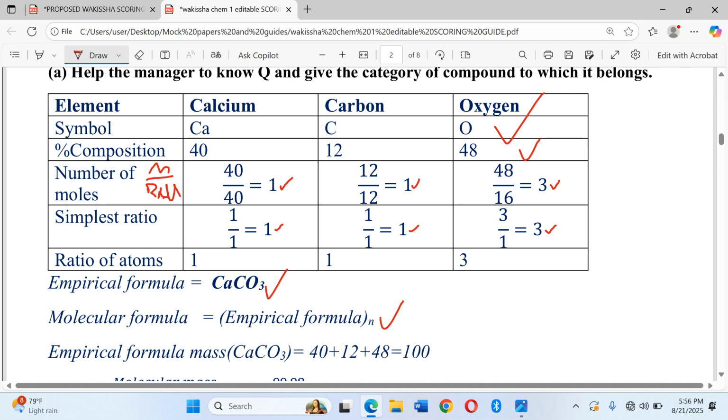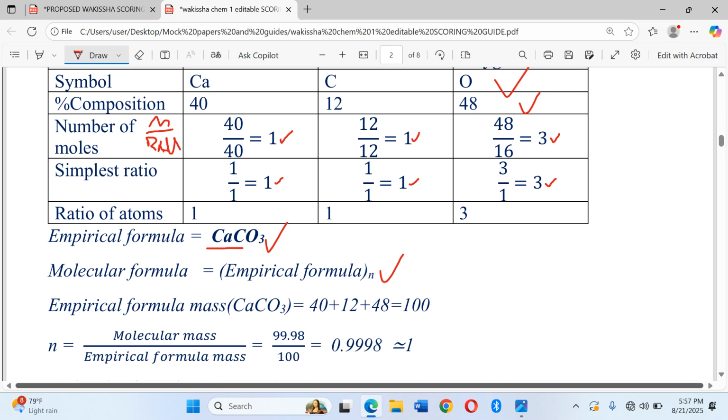So empirical formula, we already have it. When you get this empirical formula and multiply by n, where n is what? We know that n, we can get it by getting the molecular mass divided by empirical formula mass. So we can first get the empirical formula mass, which is here, and we got 100.